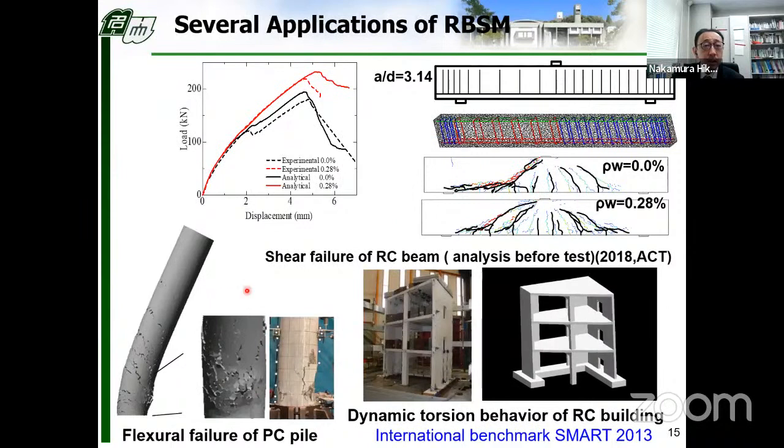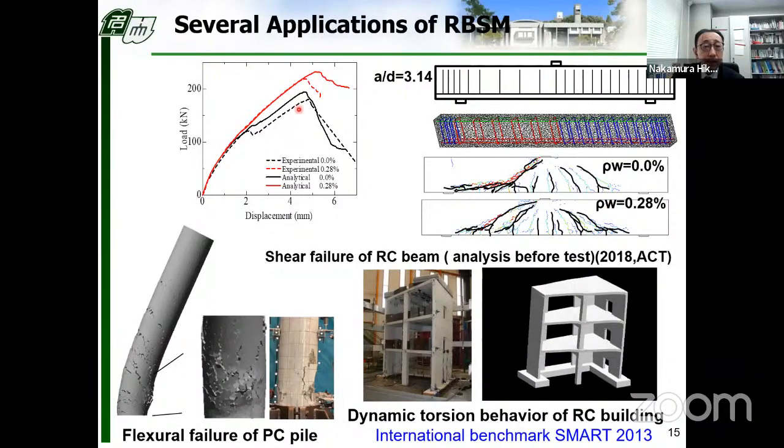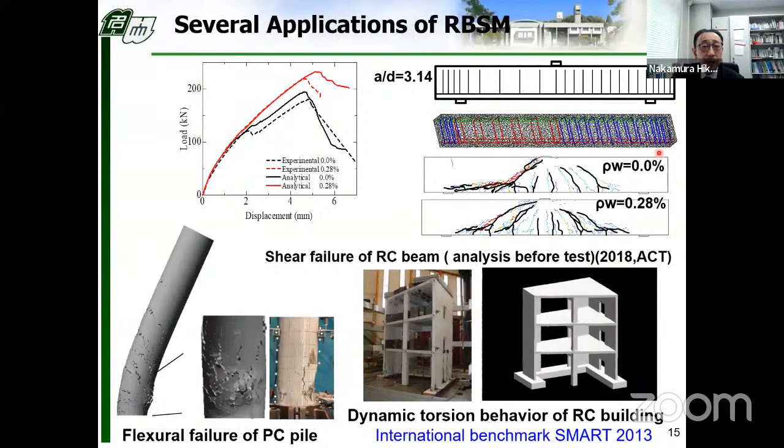This shows several results of RBSM for member simulation. This is a shear failure simulation of RC beams. The analysis was performed before the test. Professor Bolander showed the result of the cast to simulate the shear behavior.